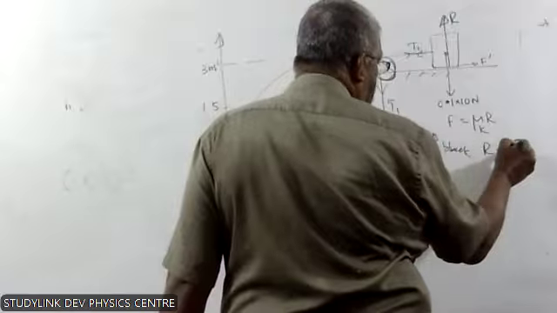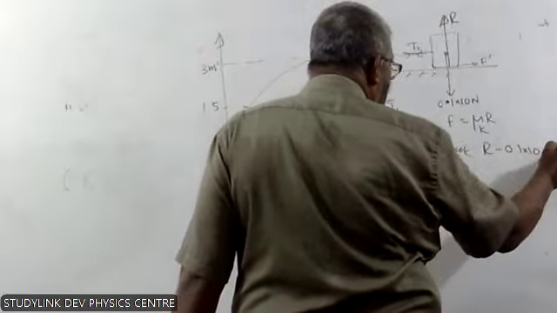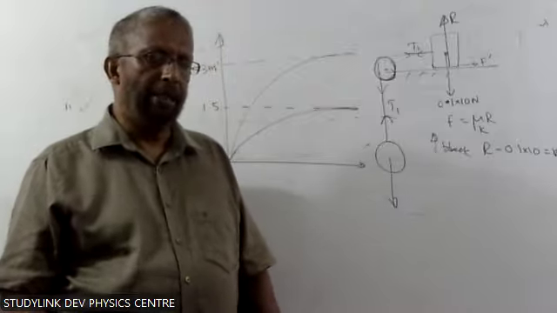then R minus 0.1 into 10 is equal to m into a, no acceleration. Vertically it is in equilibrium, but you can't say it's in equilibrium, because it is moving. There are two equilibriums we consider in mechanics. One is static equilibrium, where the object is at rest, not moving anywhere.